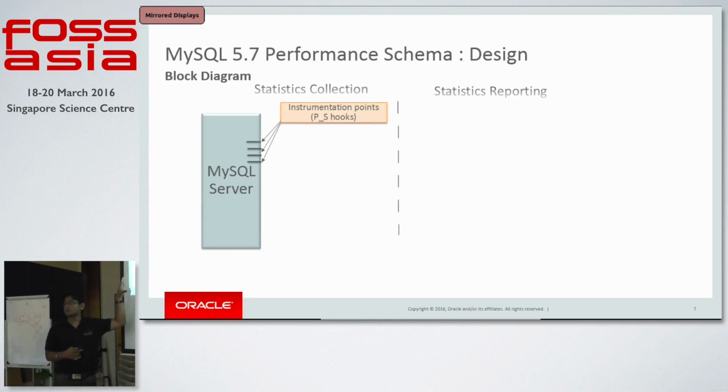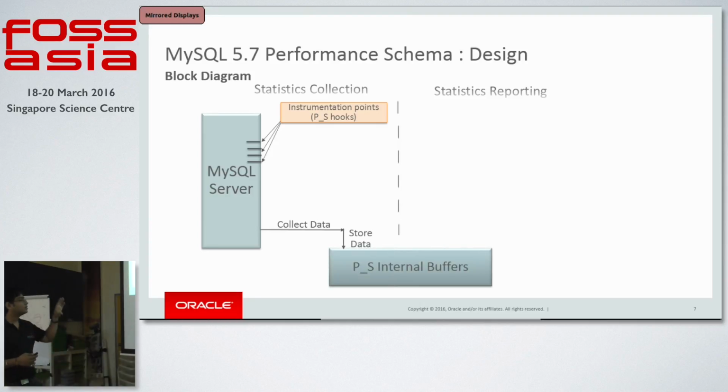In the MySQL server source code, we have introduced a lot of hooks which we call performance schema instrumentation points. When the execution comes to these instrumentation points, the control is transferred to performance schema, and the statistical data is collected on the fly and stored into performance schema internal buffers. That's the statistics collection part from the bird's eye view.